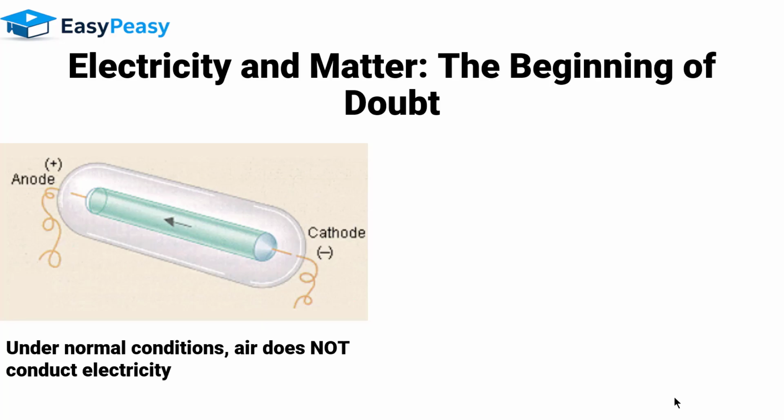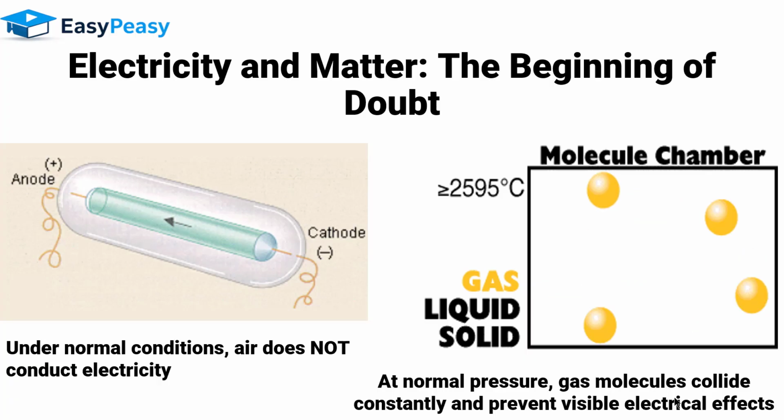So under normal conditions, air does not conduct electricity, and they thought that gases are insulators. But what was happening is that at normal pressure, the gas molecules are moving very fast, so they collide constantly and prevent the visible electrical effects through the gas.